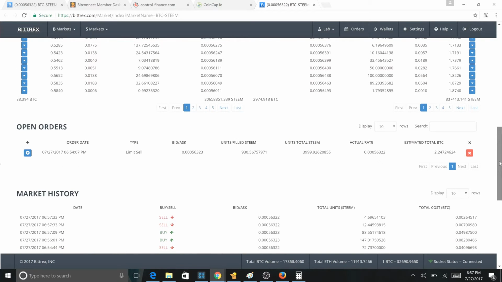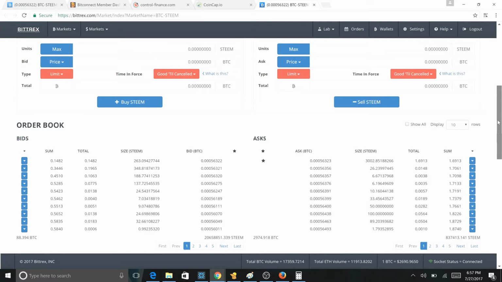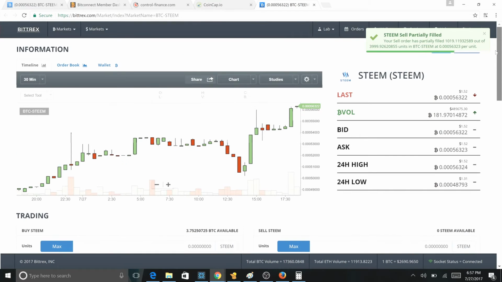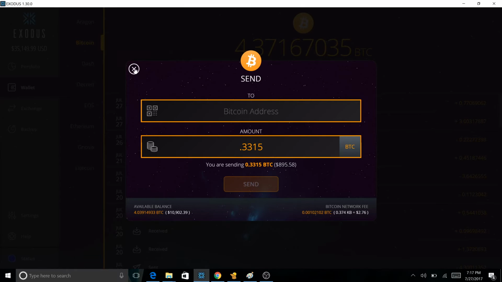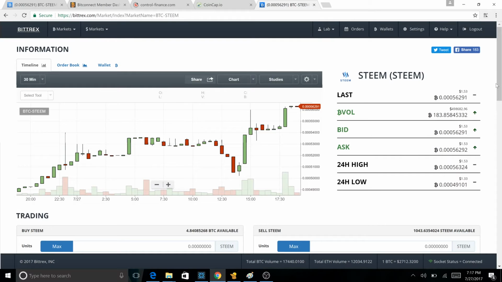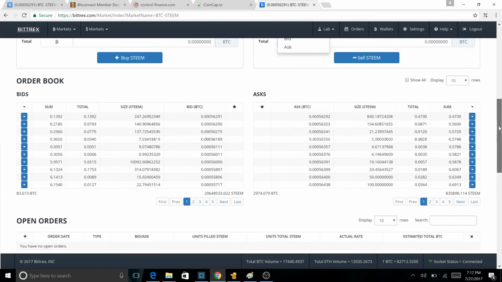Okay, we've only filled up 930 units so far. Okay, and we're back. While we were gone, I had to cancel the order because the price fell about 100 Satoshis.